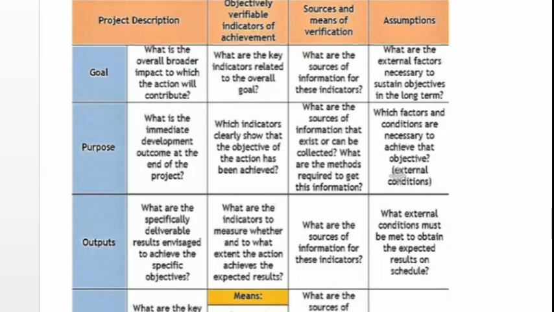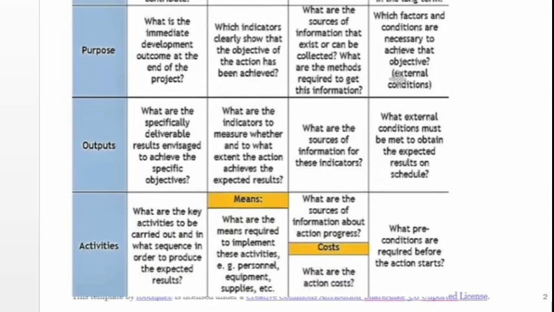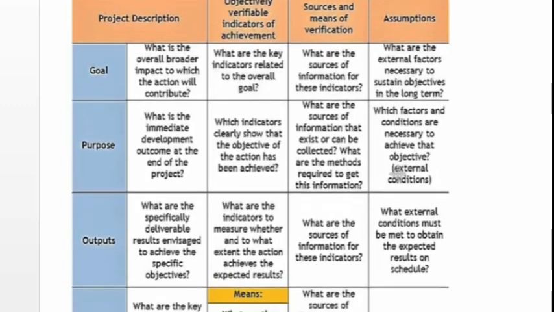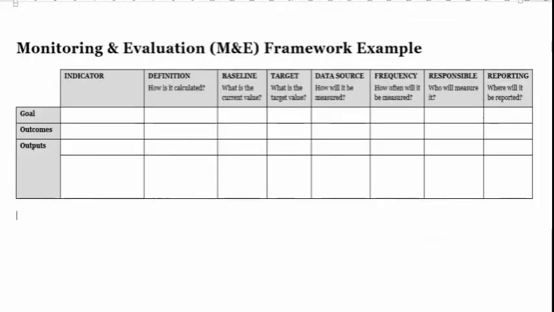So how do you actually go about developing an M&E framework? The starting point is the logical framework matrix. This is your foundation. As M&E professionals, our work really hinges on identifying and tracking the right indicators. Once you know your indicators, you can then map them against the framework. To make this practical, I'll walk you through an example step by step using a simple word template.